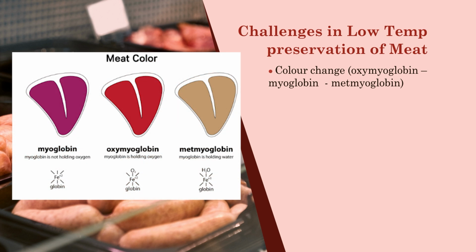Color change, if you see the figure here, the meat color, there are pigments. The oxymyoglobin may turn into myoglobin in the presence of oxygen, and then eventually it turns into metmyoglobin. So it means the meat, which has a slightly reddish fresh color, turns to brown.